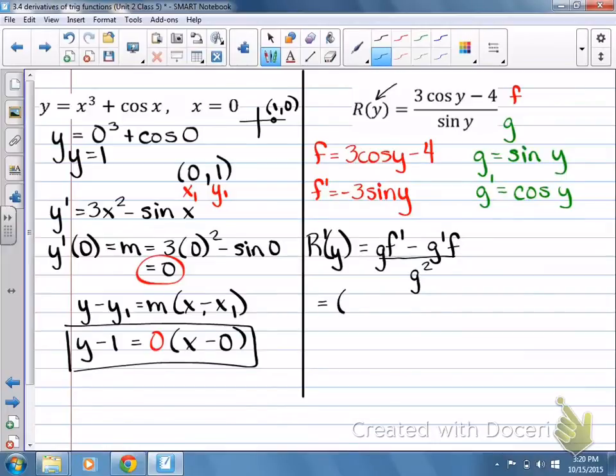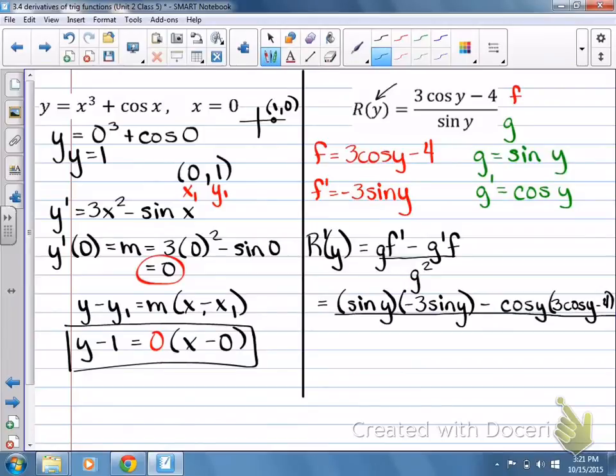So g is sine of y, f prime is negative 3 sine of y, minus, and now I'm going to have g prime, which is cosine of y, times f, which is 3 cosine of y minus 4, all over sine of y squared.